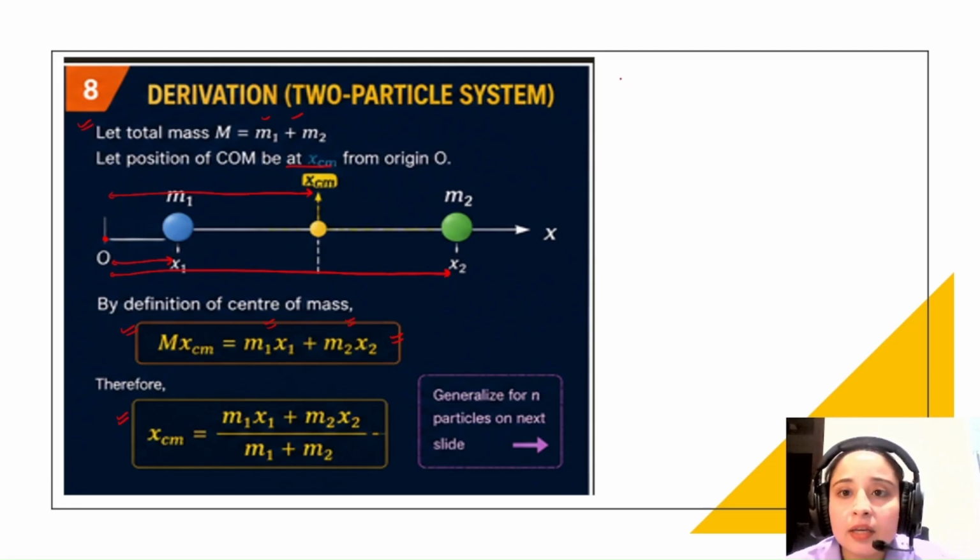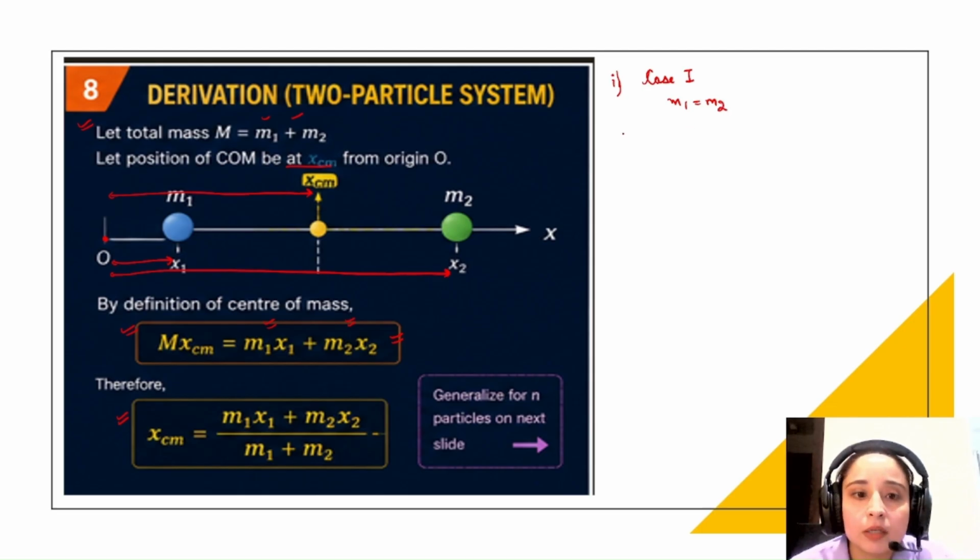Similarly, let me give you a case. In case one, let's say I consider that m1 mass is equal to m2 mass. Then what will be the position of the center of mass? m1 and m2 are both equal to m.